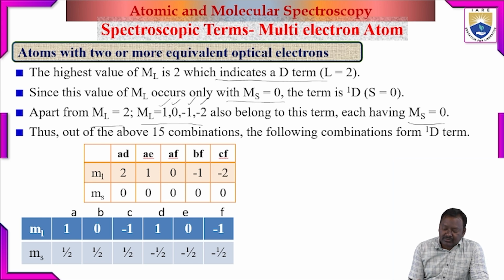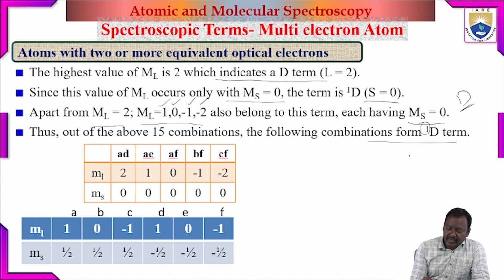So all these also indicate the D term. Out of the 15 combinations, the following combinations form the 1D term, because since s equal to 0, the multiplicity is equal to 1 and the term is D. 1D is the term for these combinations: AD, AE, AF, BF, CF.